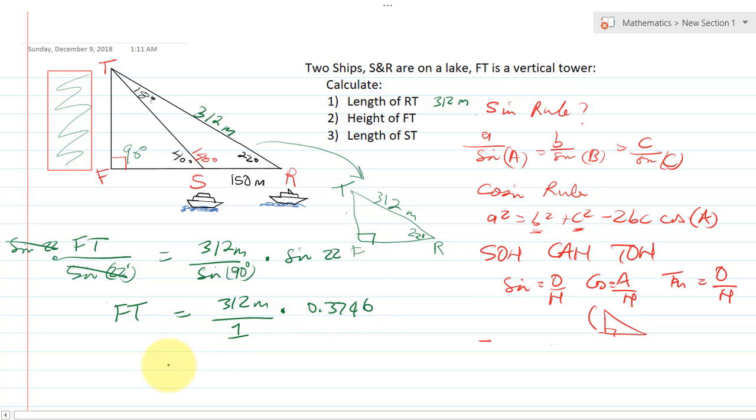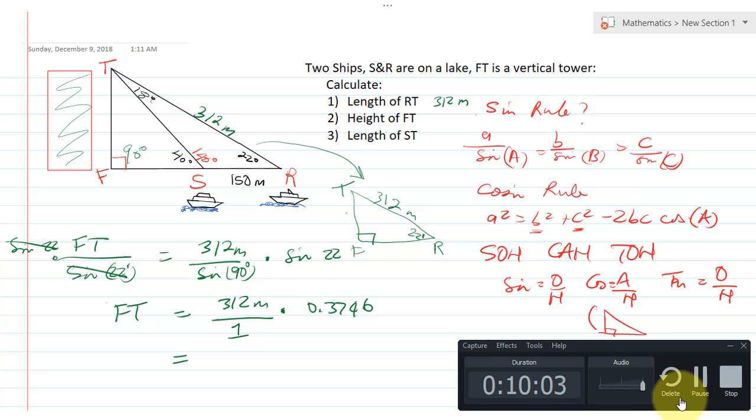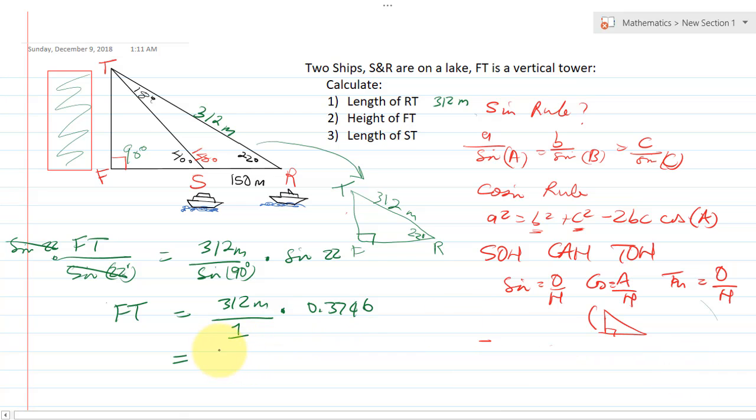So it's basically 312 times 0.3746, which is 116.875, which we could round off and say it's 116.9 meters, right?